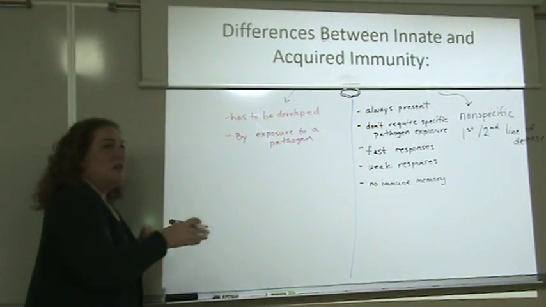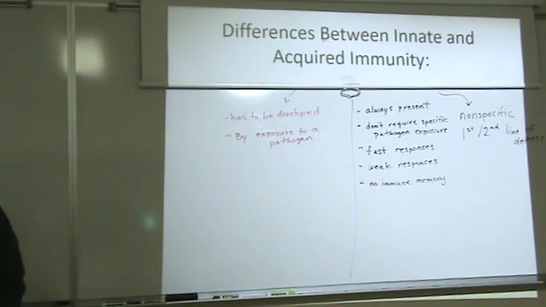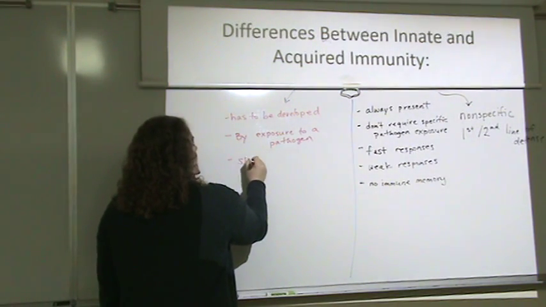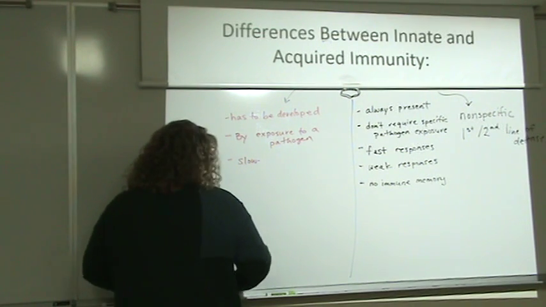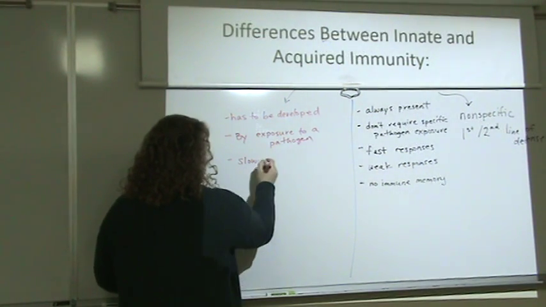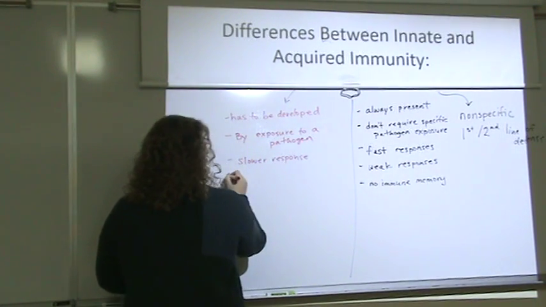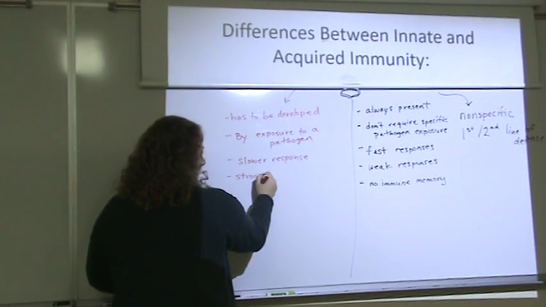So you will not develop it until you in some way encounter the pathogen. You have to acquire this. You have to develop it. This one is a slower response, but it's a strong response once you develop it.